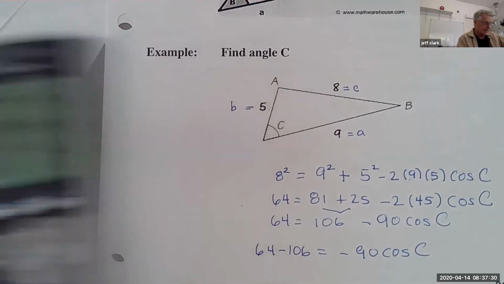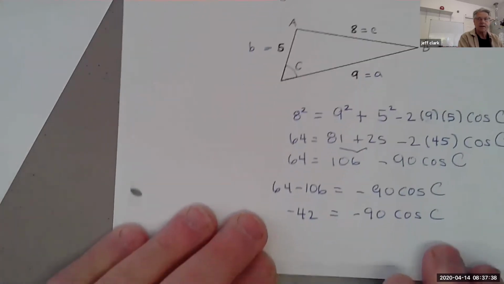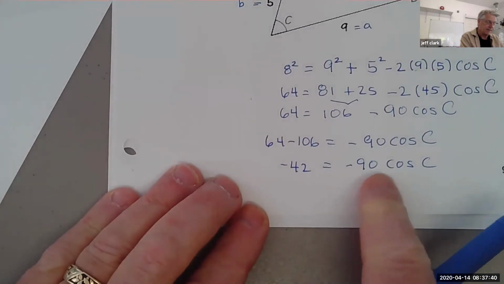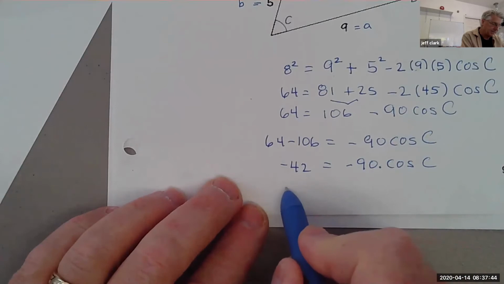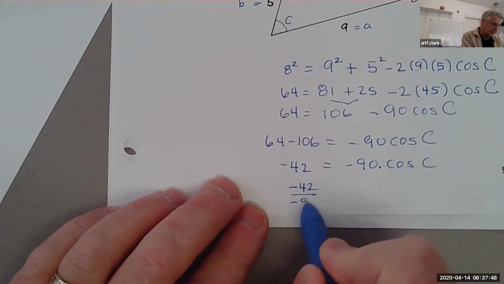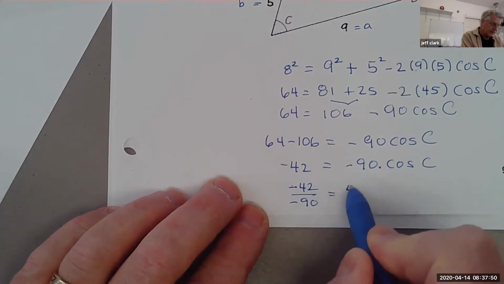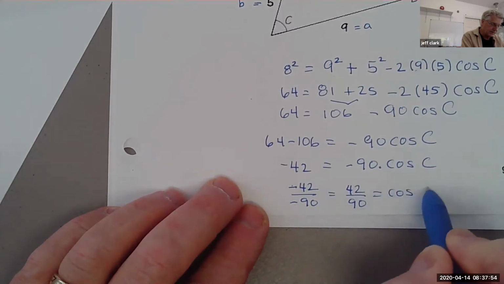Okay, so that's negative 42. Now how to get rid of the negative 90, but that's multiplied right here. I'm going to divide both sides by negative 90. So that's negative 42 divided by negative 90 equals 42 divided by 90 equals cosine of C.